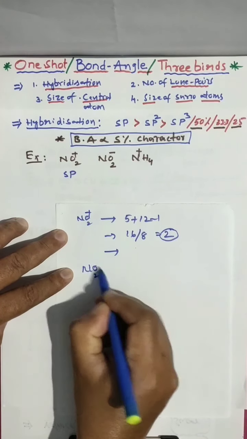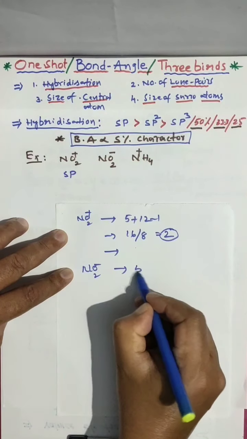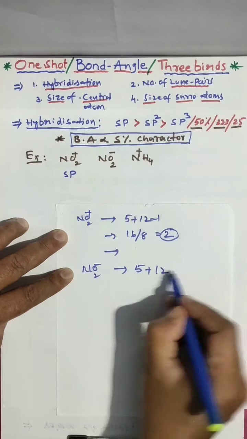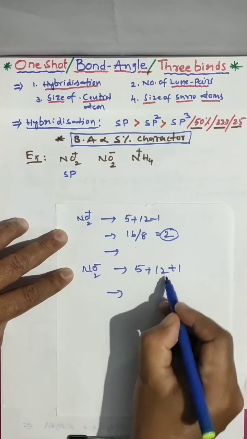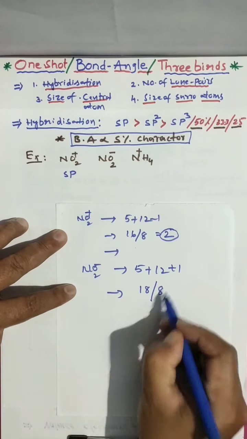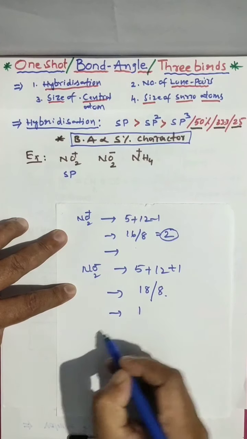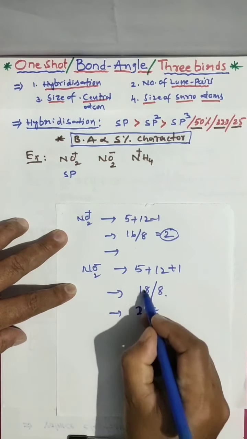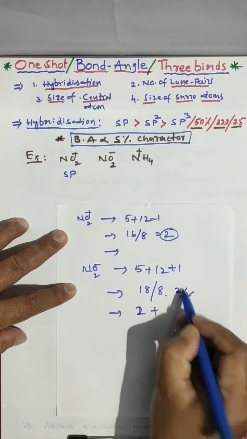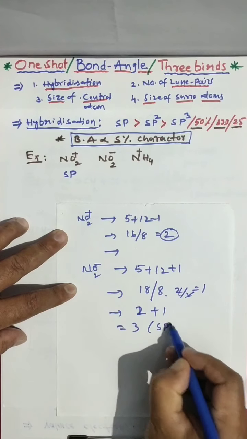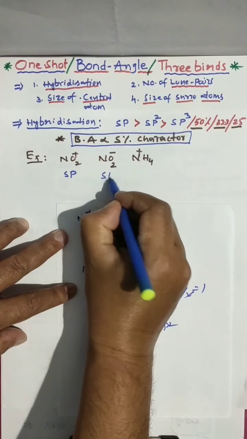Go for NO2 minus: nitrogen valence electrons 5, plus oxygen 6, 12, and minus means you have to add 1. Then total 18 electrons, more than 8, divide with 8: 8 ones are 8, 8 twos are 16, plus we have 2, 2 by 2, 1. So 3 hybrid orbitals means sp2.